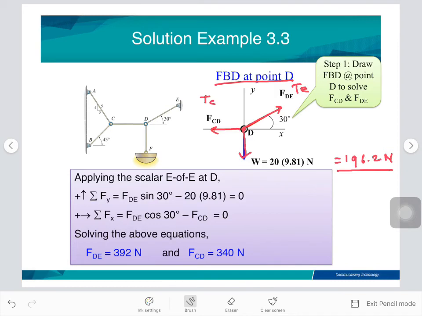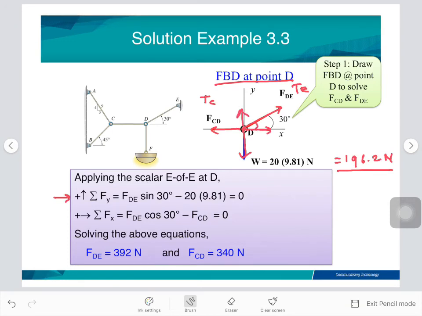So now you can write the equilibrium equations. First, this is number 1. We have summation Fy, positive upward, is equal to, okay, now as usual, if we have coplanar forces like this, we need to resolve into X and Y here.